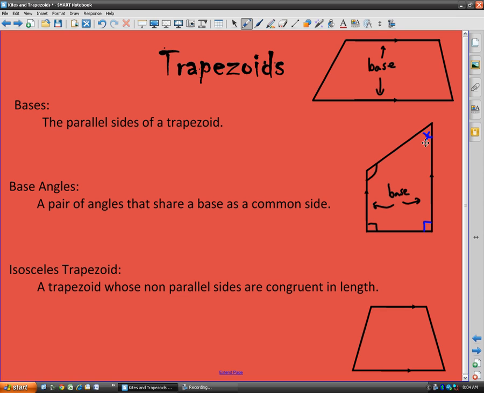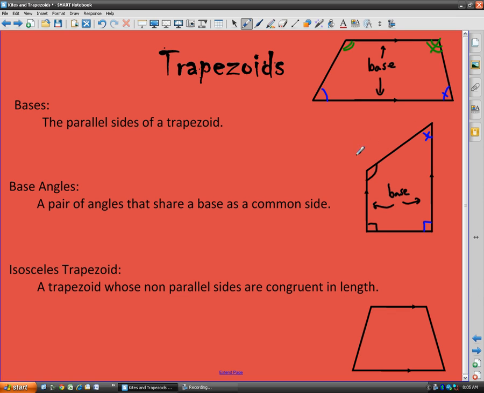So marked in the same color are the base angles. Up here, these share a common parallel base. They don't have to be congruent to one another, but they are base angles. And these are also considered base angles up top. You can see that I'm not marking them the same because I don't know if they're the same or not.